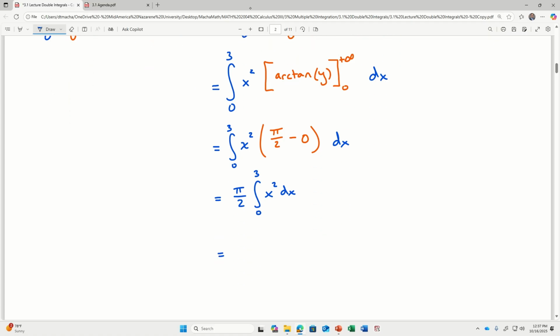And then we take the antiderivative of x squared, which would be 1/3 x cubed. Plug in your 3, plug in your 0, and we get 1/3 times 3 cubed, which is 9, and then 0. So this is going to be 9 pi over 2.